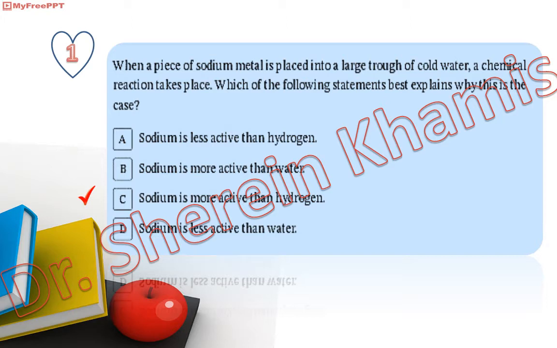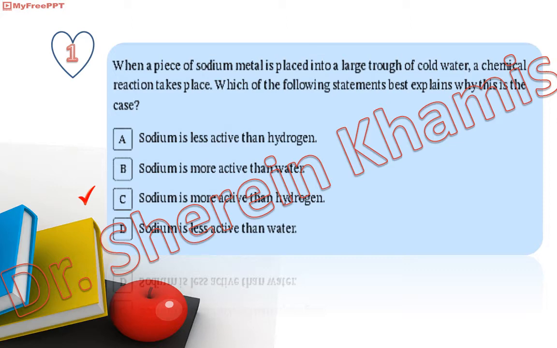If we have sodium plus water, we remove hydrogen of water and make NaOH, sodium hydroxide, and hydrogen gas evolves. They both replace hydrogen of acid or hydrogen of water.